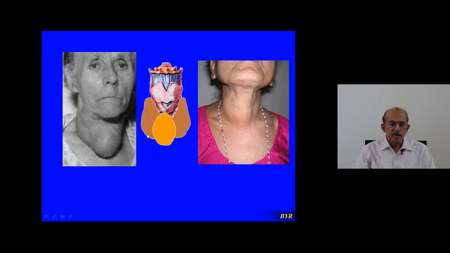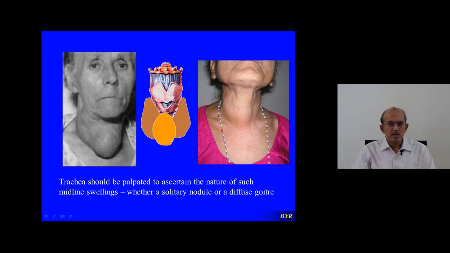So a midline swelling like this. So you see here a midline swelling. So whenever you see such midline swellings, you have to know whether it is a solitary nodule or a diffuse goiter.